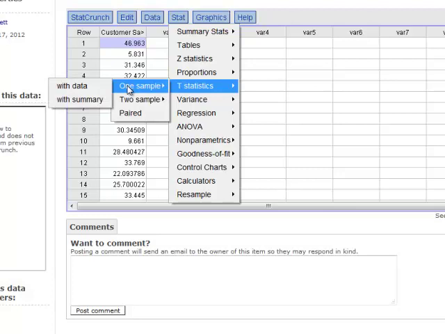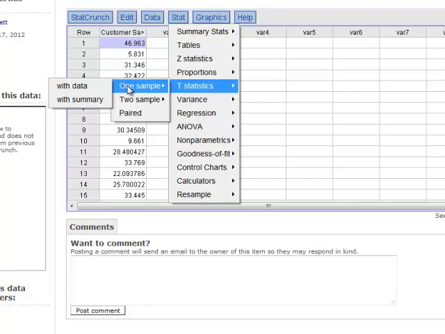The reasoning for that is that the t-statistic tends to be more accurate because, as Mr. Gossett found out, with small samples, there needs to be an adjustment. And the t-statistic makes that adjustment. The z-statistic does not. And so in all cases, even if it's a large sample, we tend to always just use the t-statistic for confidence intervals with sample means. So make sure that you always use the t-statistic for sample means and the z-statistic reserved for proportions.